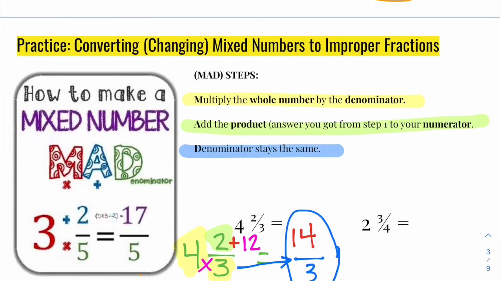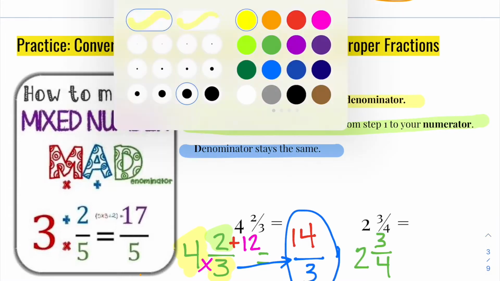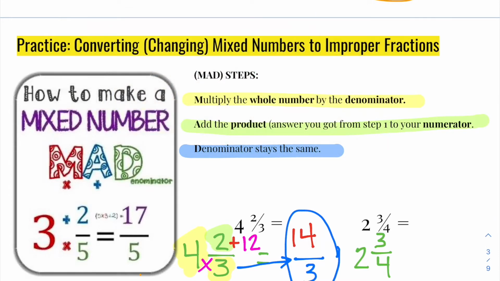Now it's your turn to try this. First, I will start by rewriting the problem. Step 1, multiply the whole number by the denominator. What is my whole number? And what is my denominator? Take a second to see if you can identify those.